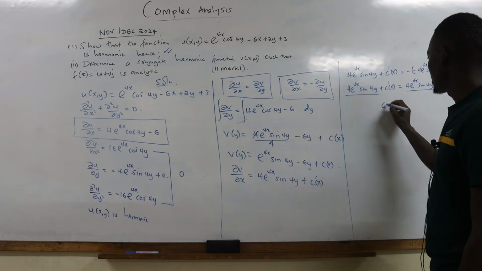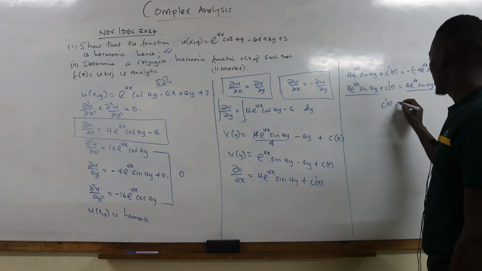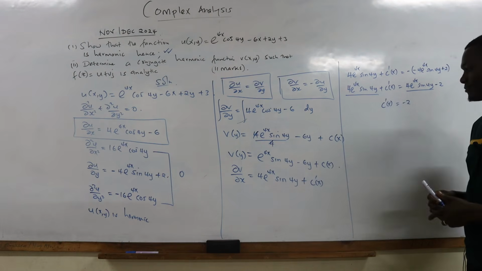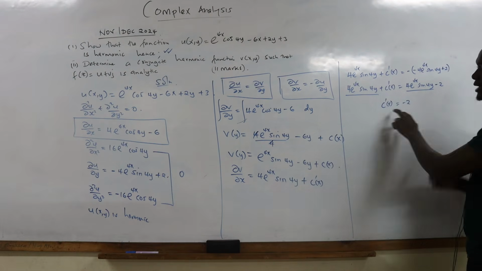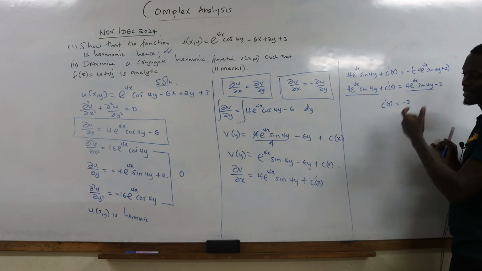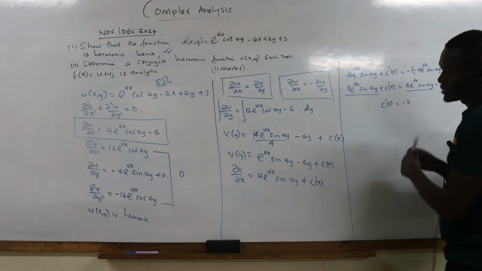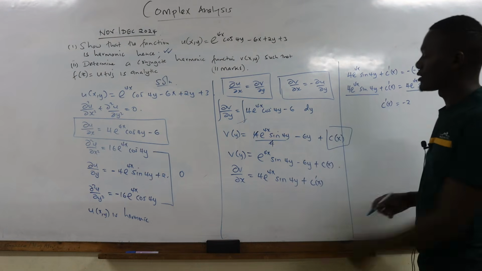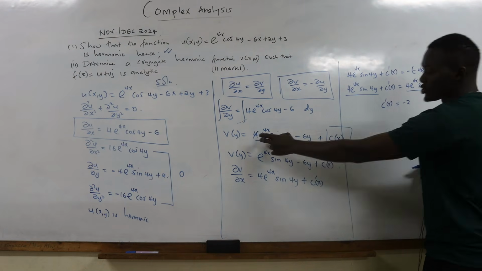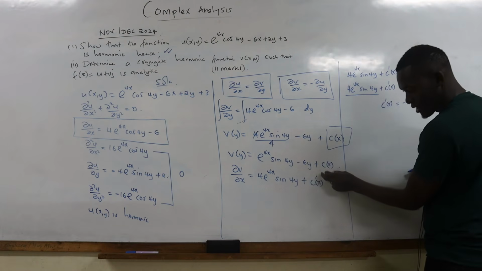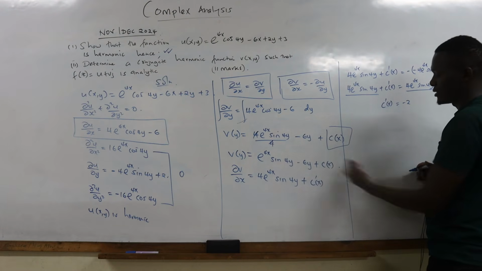So c prime x will give us what? Will give us negative 2. But remember, our c prime x is a derivative. So how do we get cx? This part is the one enabling us to get this constant here, so that we can now have the actual function that you're supposed to have, because we have a missing part which we don't know.